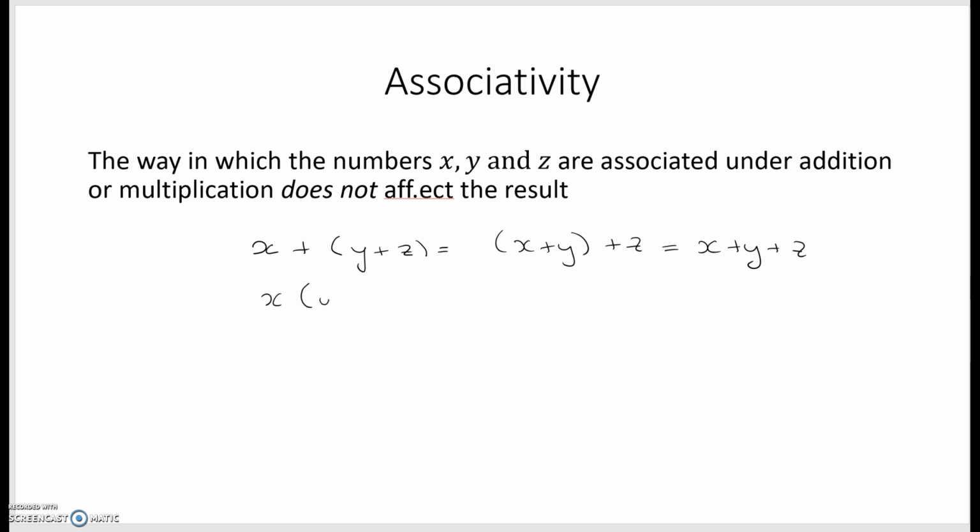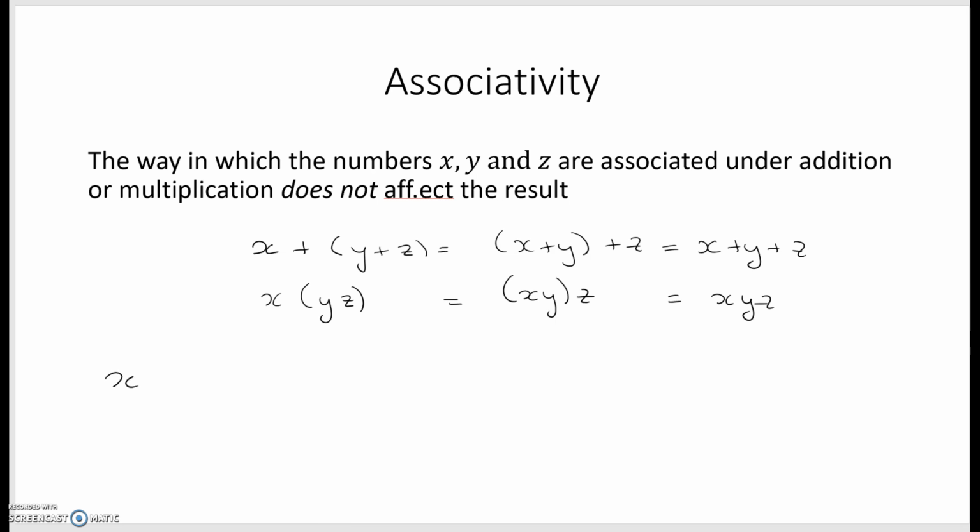Similarly, x times y times z, bracketed like that, is exactly the same as if we regroup them like that, or forget about the brackets altogether. Now, if we're talking about subtraction and division, associativity does change the result.